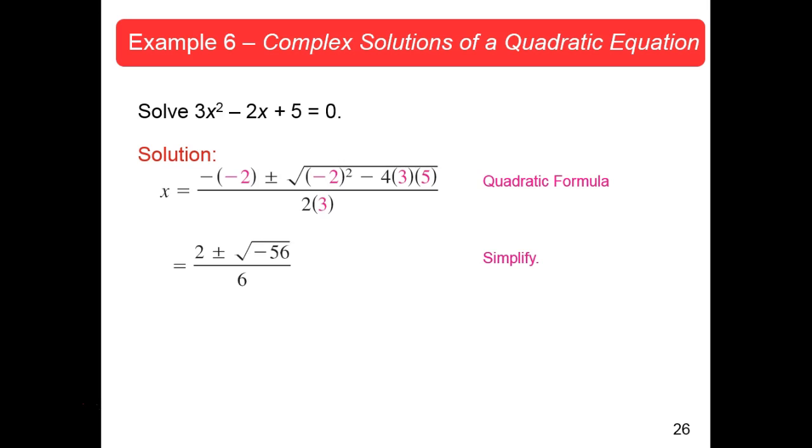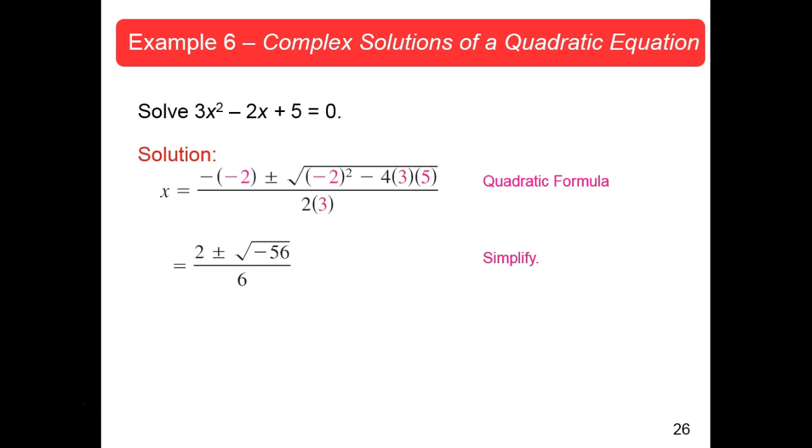The square root of 4 is 2. But what's the square root of negative 1? i. So I would pull out a 2i, and that leaves the square root of 14. Well, then 2 will go into 6 3 times. 2 will go here, 2 will go there. So you have 1 plus or minus i times root 14, all over 3.